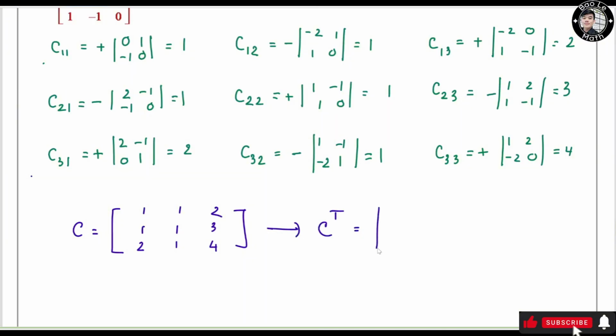The rows become columns. So 1, 1, 2, and 1, 1, 3, and 2, 1, 4. Now the last step, you're going to take each of these elements right here and divide by the determinant. The determinant is 1, so we have A inverse equals this one.